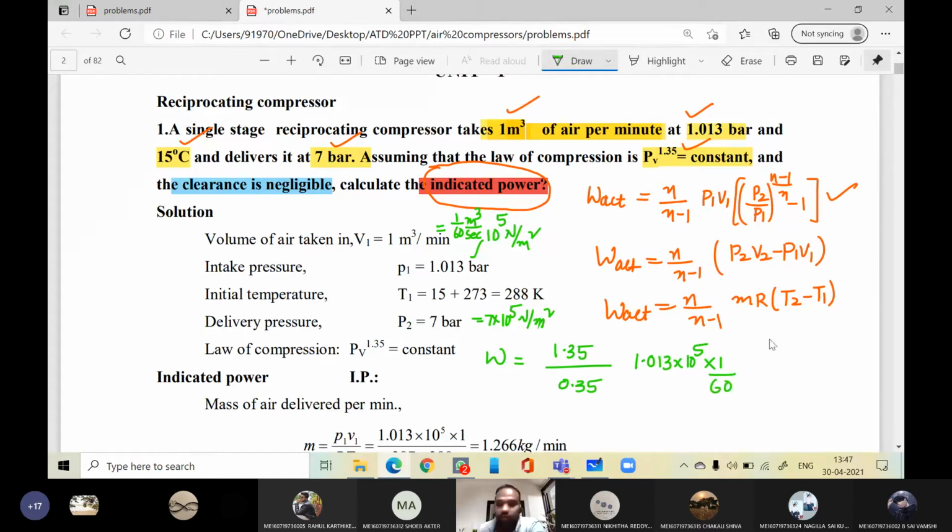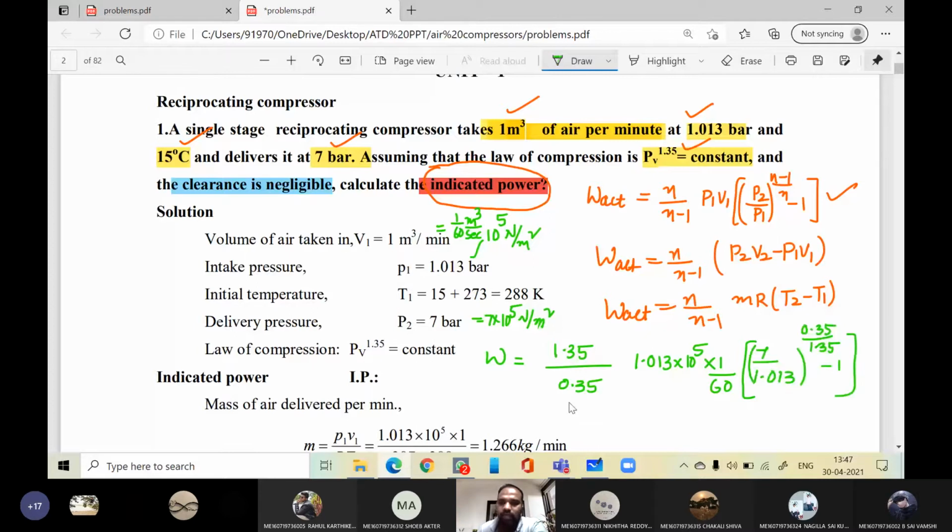This is P1 V1 into the P2 value. So P2 by P1, 7 divided by 1.013 into 10 power 5. The 10 power 5 will be cancelled, no need to write that one. And 0.35 divided by 1.35, minus 1.